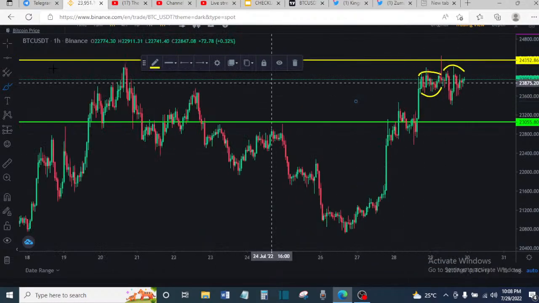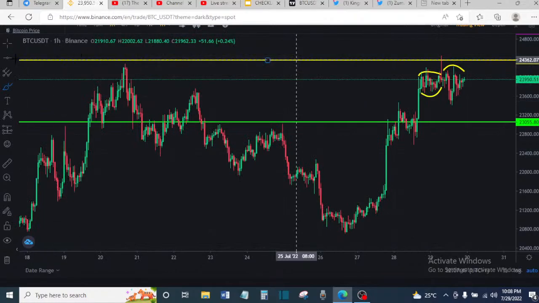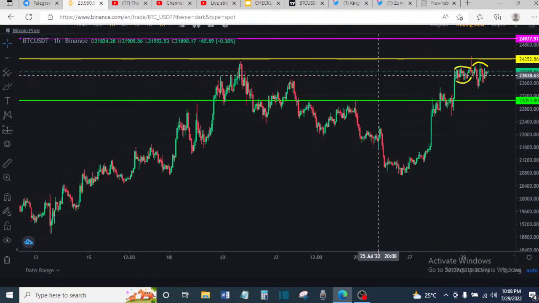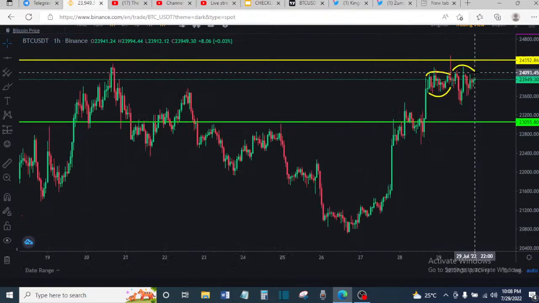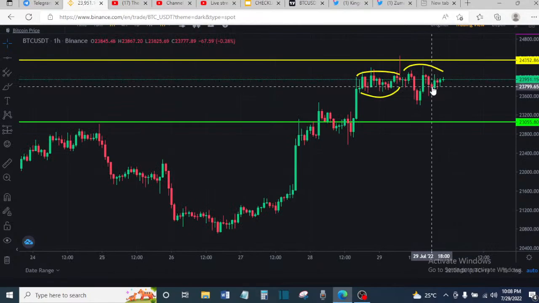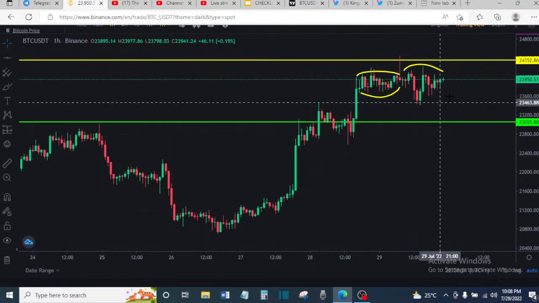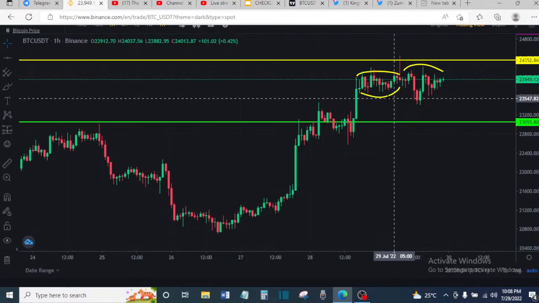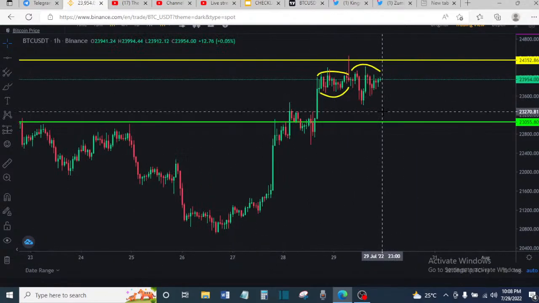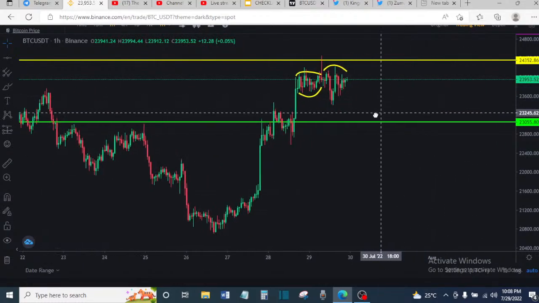That is the reason why we are looking at the areas to which price can get to, and already you are having pin bars in this area. So now we are looking at the possibility of price going upward. So the next stop is where?